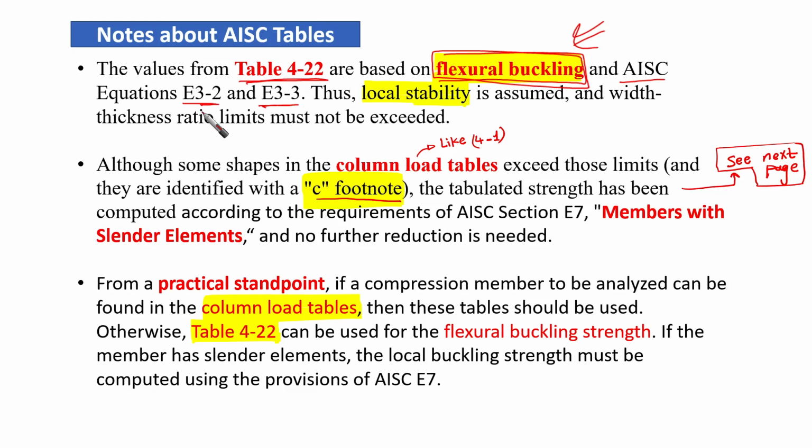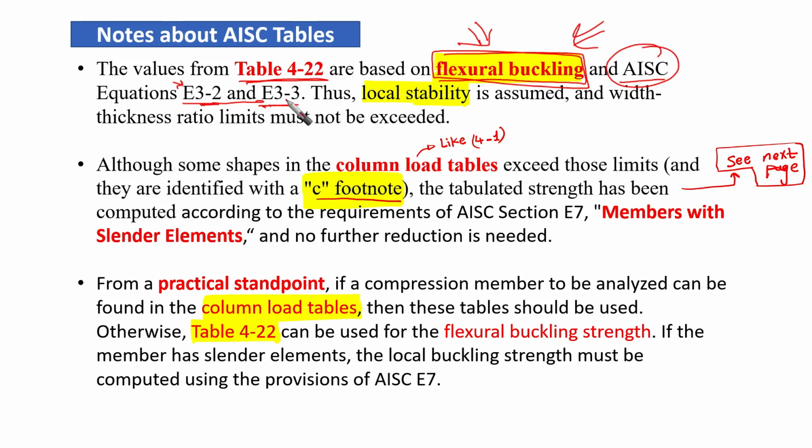Remember well, these are the 2 equations that we spent a lot of time explaining last time, right? So this means that the AISC is saving us time by computing for us the available strength for the sections based on one failure mode, which is flexural buckling. And it uses these 2 equations, whether elastic or inelastic buckling is going to take place.